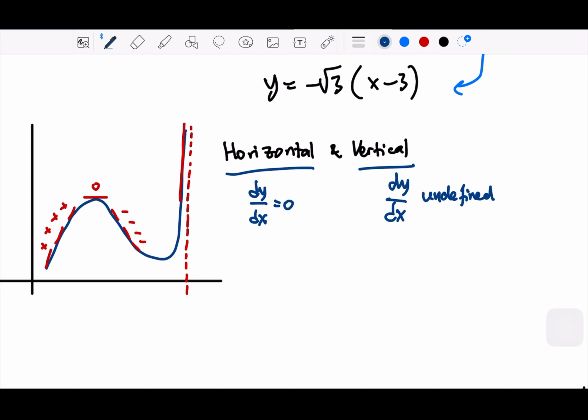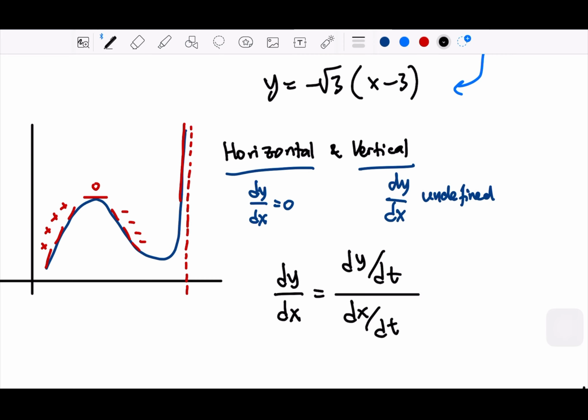Now if we break down this dy over dx into our parametric structure, like we did in the previous slides on how we derive the parametric, we have these two components, dy/dt and dx/dt.